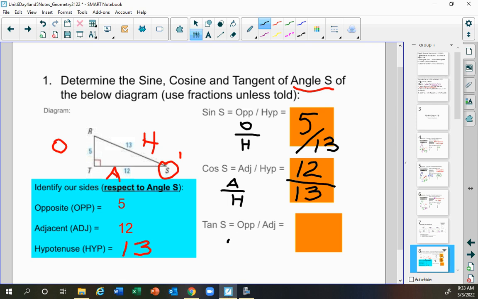And then for the tangent, what's our opposite value? It is 5 over, what's the adjacent? Adjacent is 12.